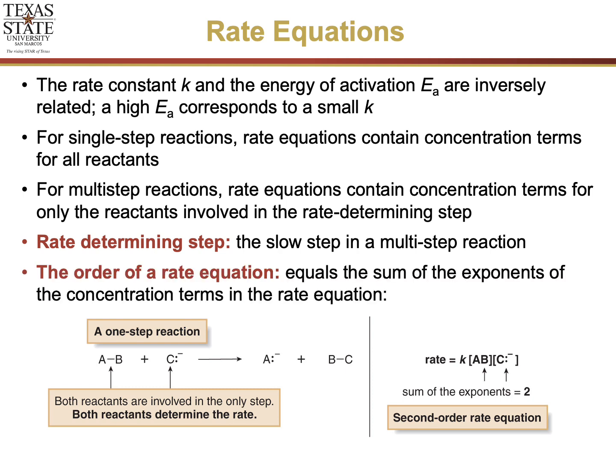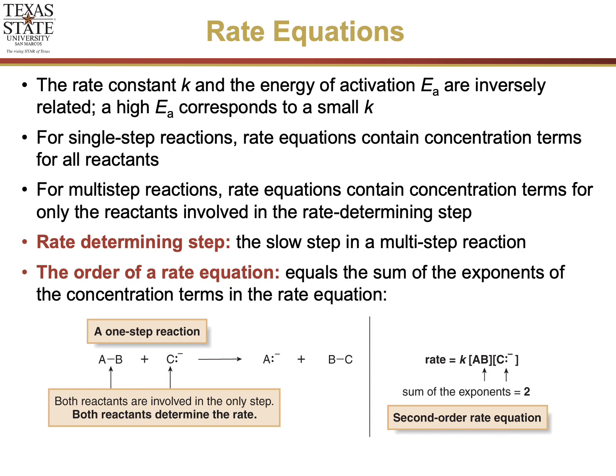The order of the rate equation is equal to the sum of the exponents of the concentration terms of the rate equation. So if you look at the bottom right, we have the concentration of AB, and it technically has an exponent of 1, and the concentration of C minus, which also has an exponent of 1. We add those together, hence the sum, and 1 plus 1 is equal to 2, so this is a second order rate equation.